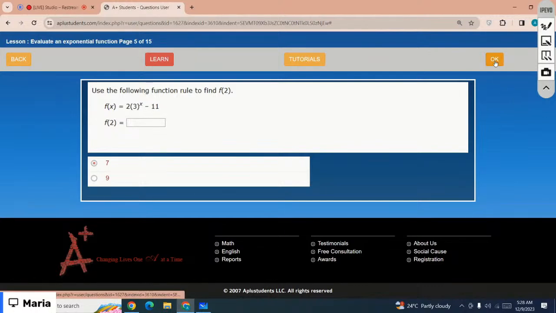The correct option is 7. Use the following function rule to find f of 1. So which is the correct option? 10 exponent 1 is 10, and 10 times 10 is 100. The correct option is negative 100, right?